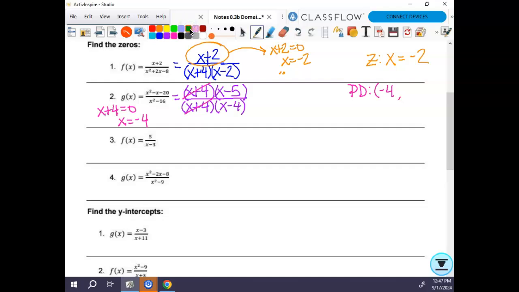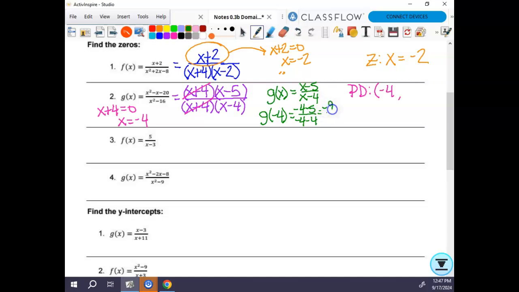And then my reduced function, g of x, is x minus 5 over x minus 4, right? And again, I'm not even to the zeros part yet. Let's go ahead and finish our point discontinuity. That means I want g of negative 4 of my reduced one. So I get negative 4 minus 5 over negative 4 minus 4.